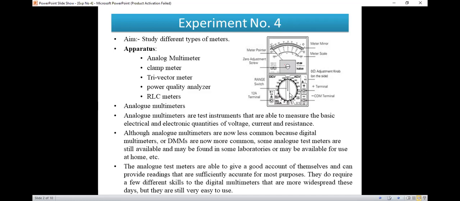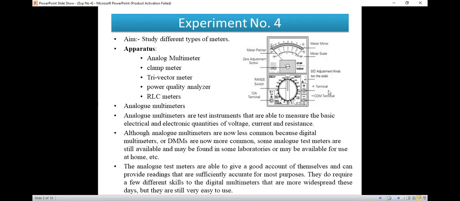We were measuring using the analog meter. Suppose we want to measure the voltage. Do you know the terminal where the probes can be connected? You already know, in the case of the digital meter, different types of probes are used, and we set the range switch for a particular range.